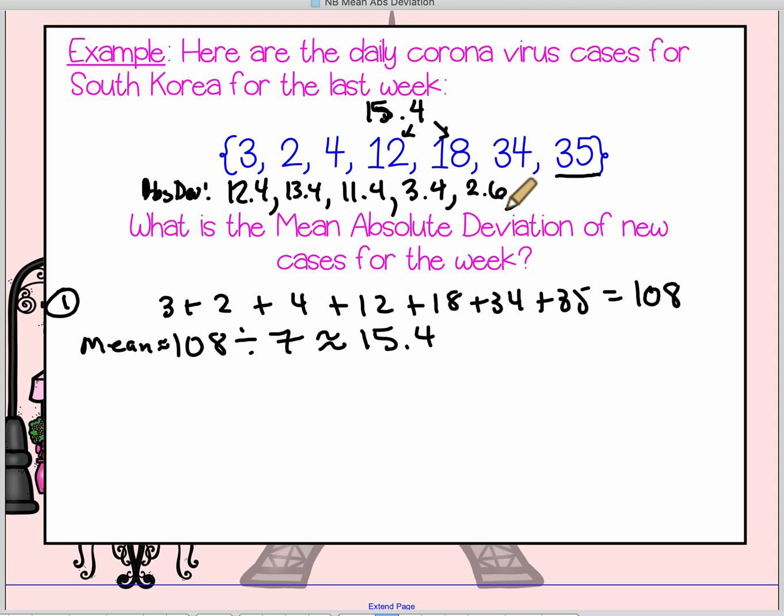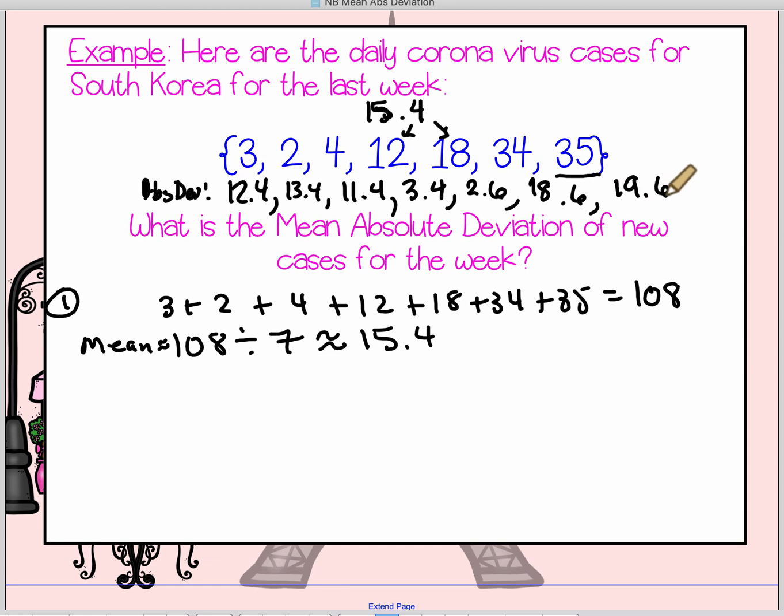So I'm going to do that again with each one. So now I'm going to do minus 34, excuse me. And then I'm going to repeat, and this time I'm going to be using 35. So 15 and 4/10 minus 35, and I take the absolute value, so I get 19 and 6/10.